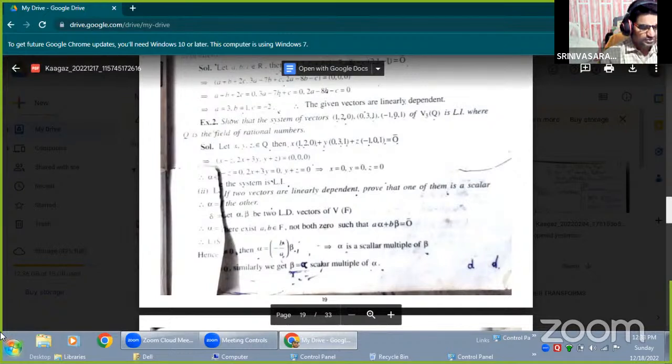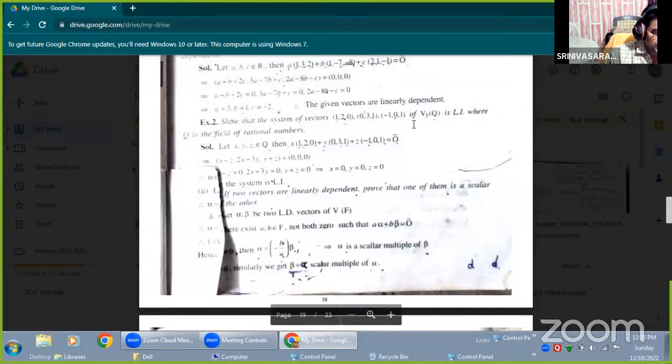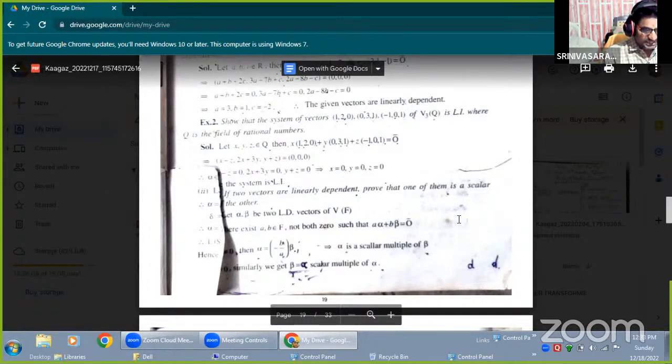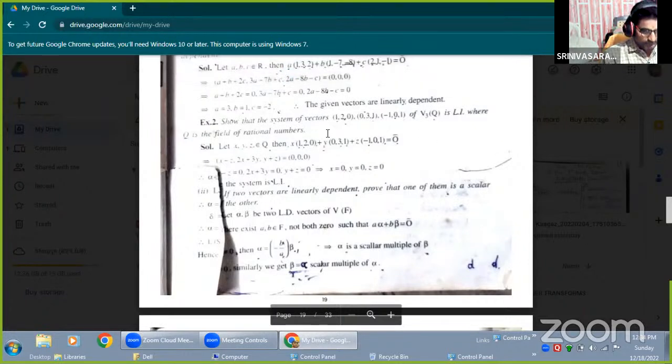Very simple. This is one method, by the definition. Next, the second method is to arrange the matrix form: first row, second row, third row. The determinant of the matrix A, mod A. In matrix form, mod of 1, 2, 0; 0, 3, 2; minus 1, 0, 1.